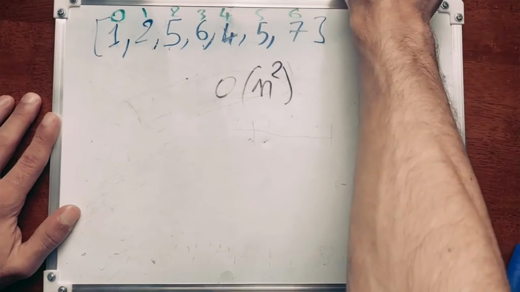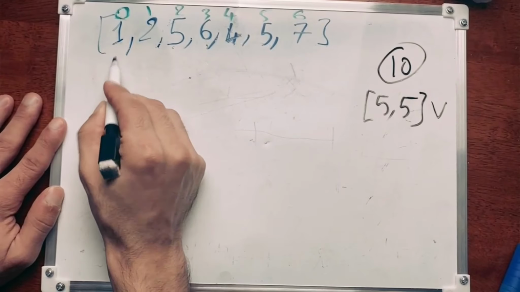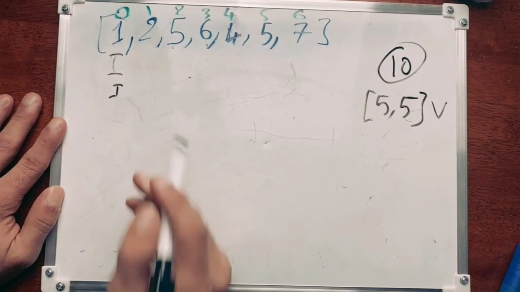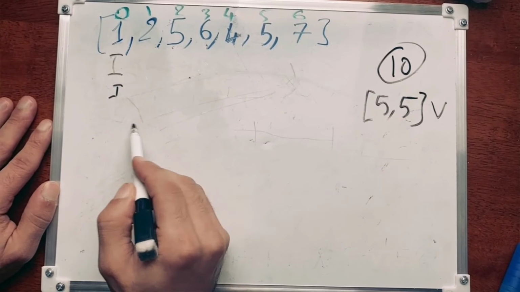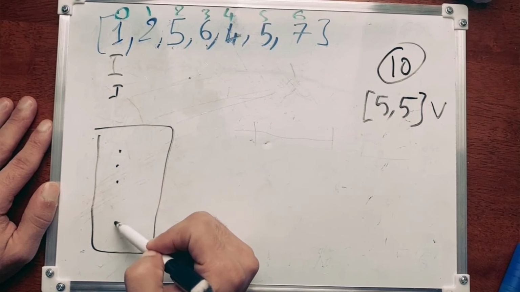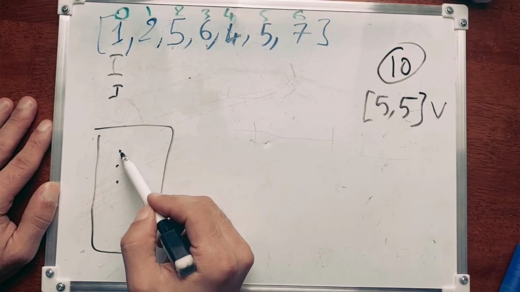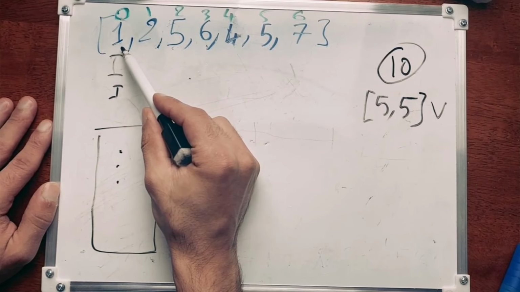Now there is a better way. What we can do instead is start one single pointer here. Okay, let's call it I. And then we create a hash table where we store our elements. The key of this hash table will be the value in this array.